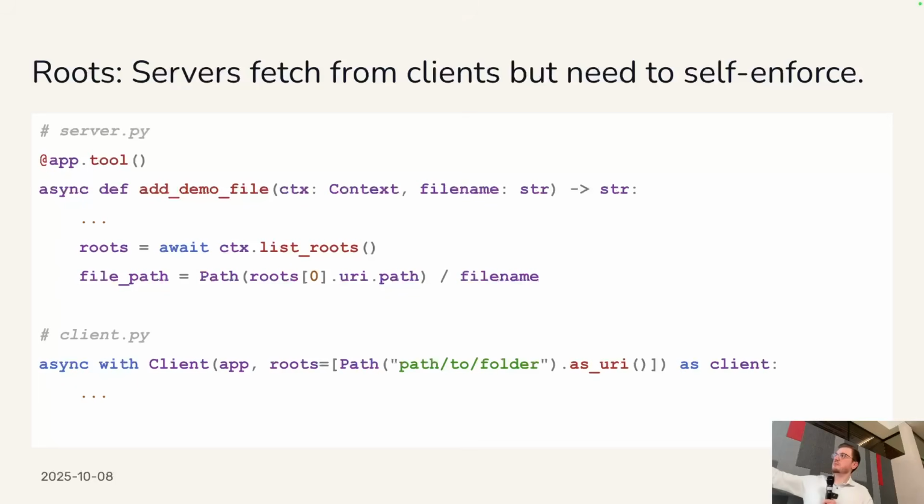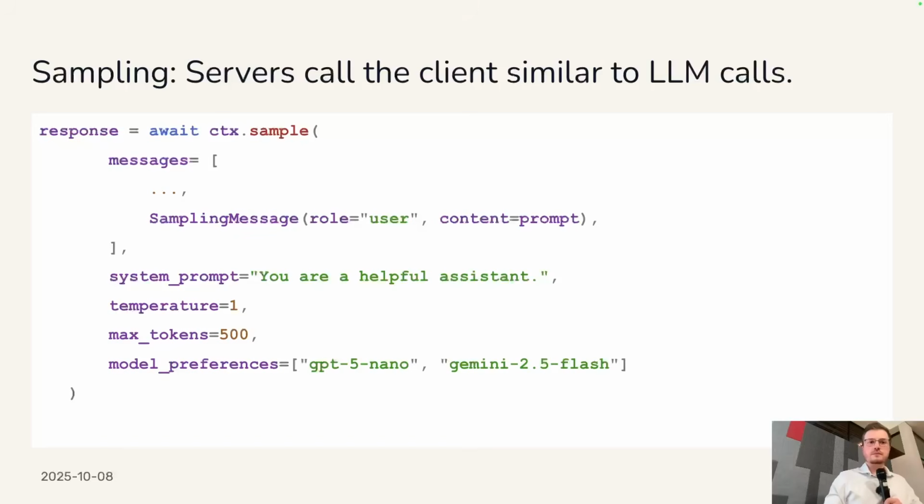But this is a very strong hint and allows the client to configure it, and since you're writing deterministic code here, as long as you don't put any bugs in, it will actually still be respected. And then the way you put it in the client side is, again, you specify the routes when you create the client.